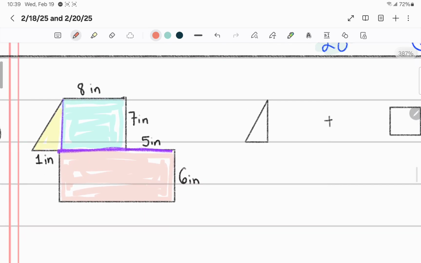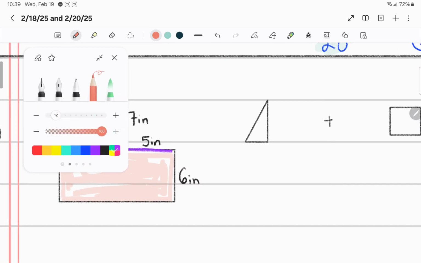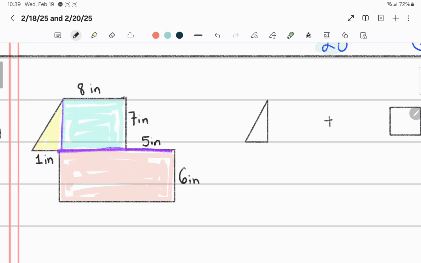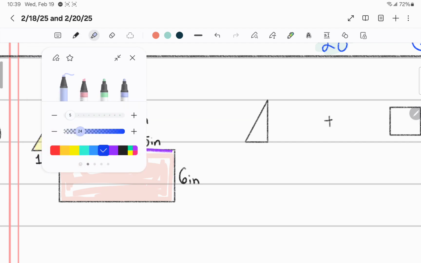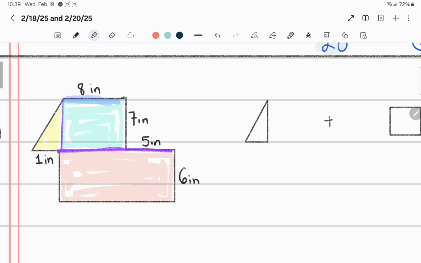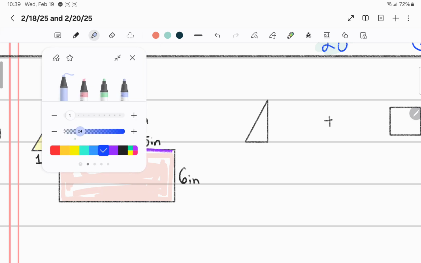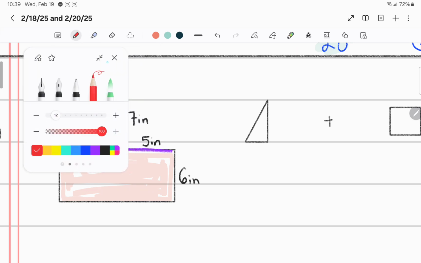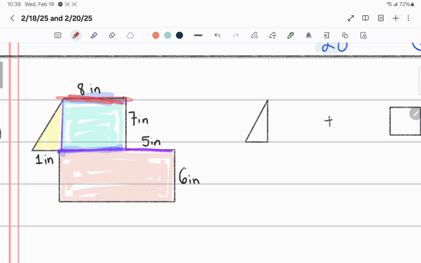The trick is to bring down the 8, right? So let me highlight this. So here we have 8, right? So if I bring this down, this little section, I don't know if you guys can see that, hold on, because I want you guys to understand this. So this right here is 8, right?